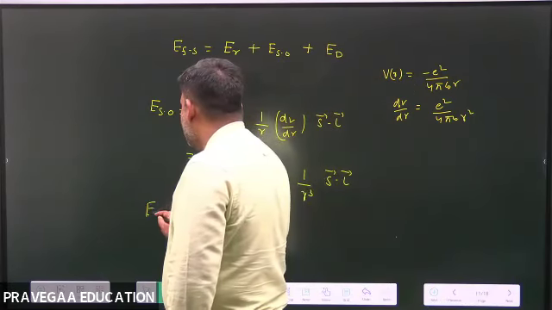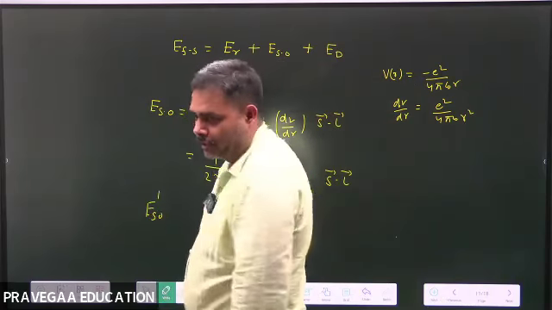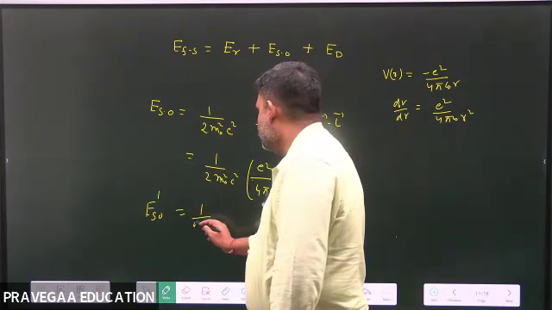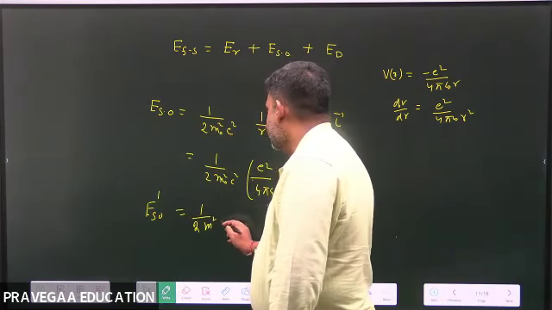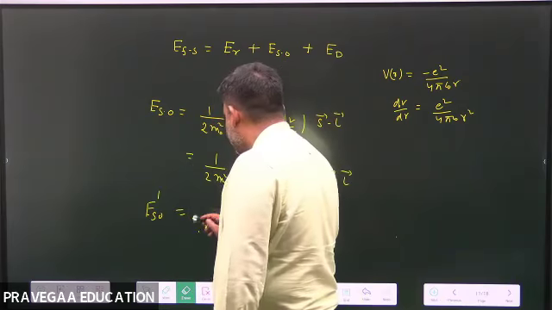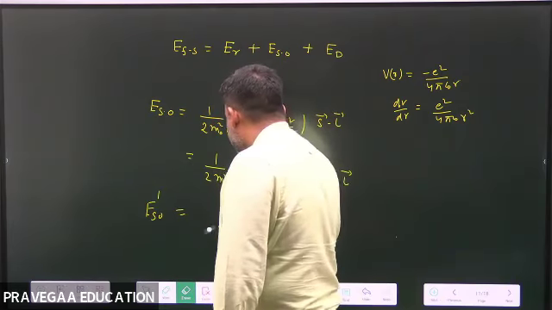The spin-orbit correction for the first order can be written as 1 upon 2 m square c square, and combining it with the factor of 8, finally what will that value be?